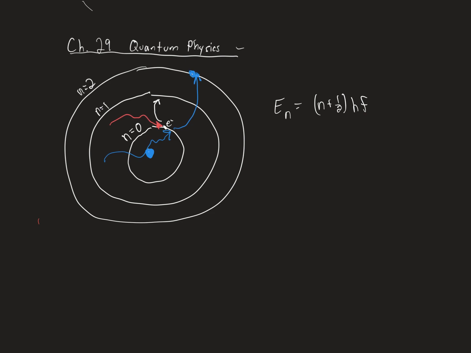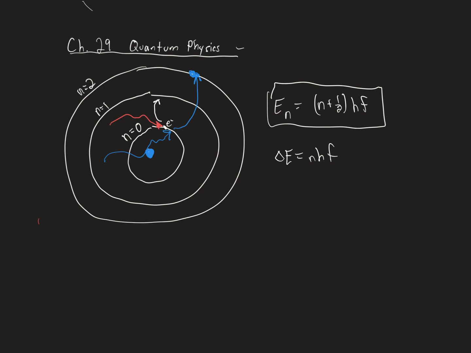The amount of energy that you're using to jump levels inside of the atom is this equation right here. Okay? So that means that the change in energy inside of an atom is equal to some fraction of h times f. Something like this. Okay?